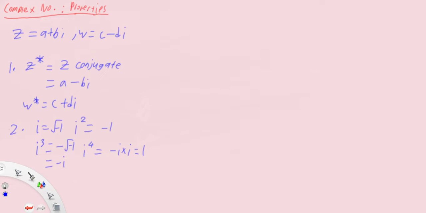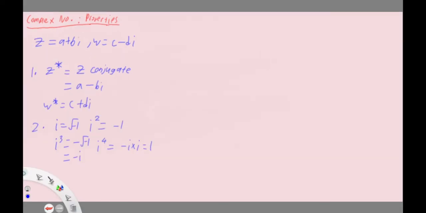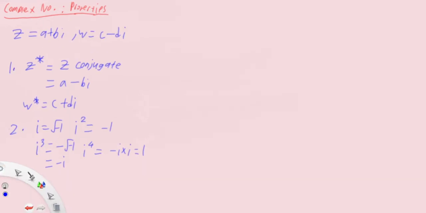So this is the powers of i. Then of course you realize that it kind of rotates, or rather it goes in a cycle. So from here, i power 5 is the same as i, i power 6 equals i square, and so on.